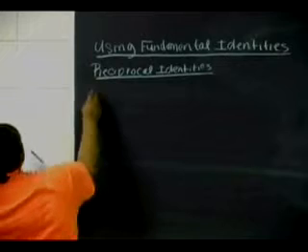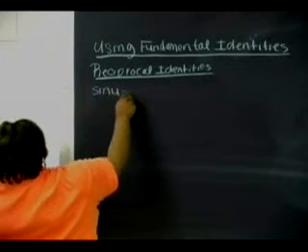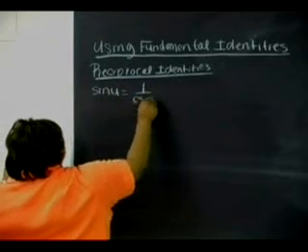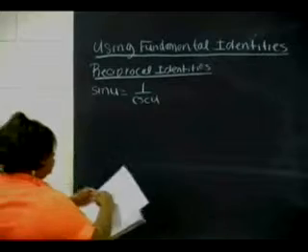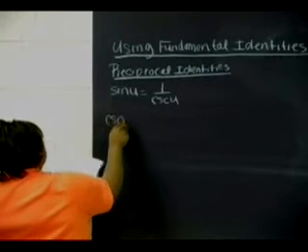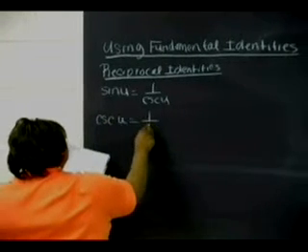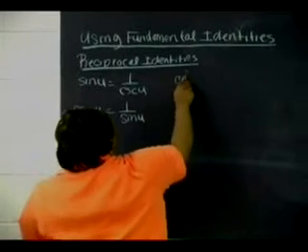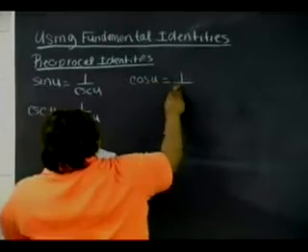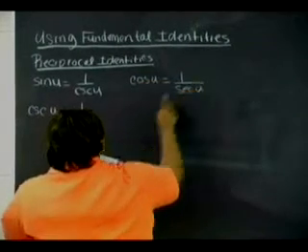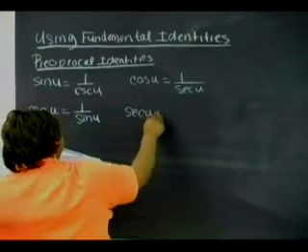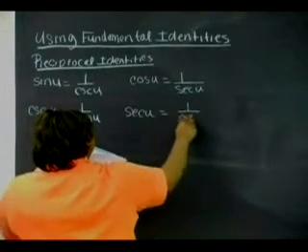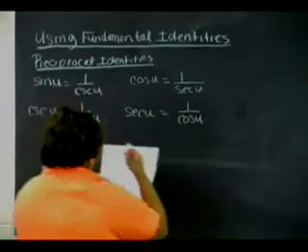Remember, sine u is 1 over cosecant u. Cosecant u is 1 over sine u. Cosine u is 1 over secant u. Secant u is 1 over cosine u.